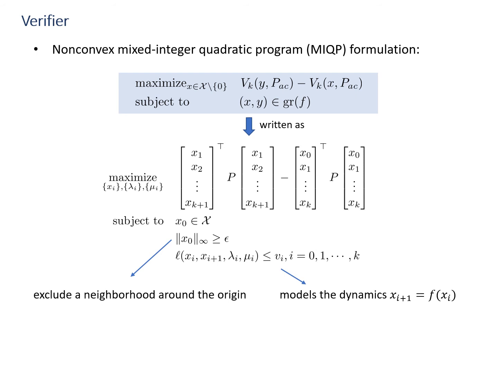With this guard, a validated Lyapunov function by the verifier certifies that all trajectories converge to a neighborhood of the origin of size similar to the chosen L-infinity ball with radius epsilon. The last line of constraints in this formulation encodes the dynamical constraints between x i plus 1 and x i. This form of constraints can be easily extended to describe the interconnection of hybrid systems through their individual mixed integer representation.